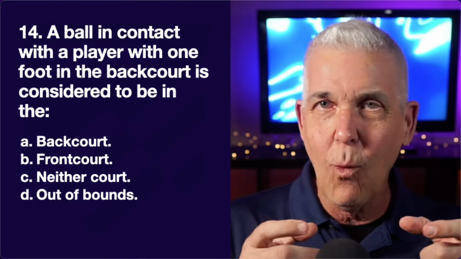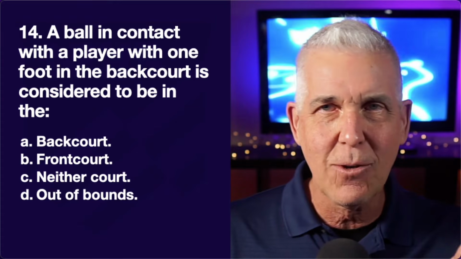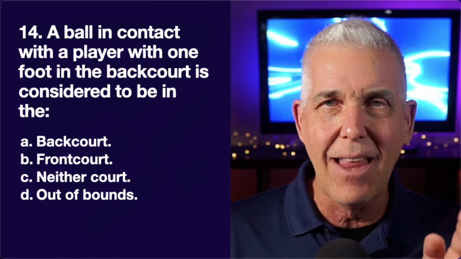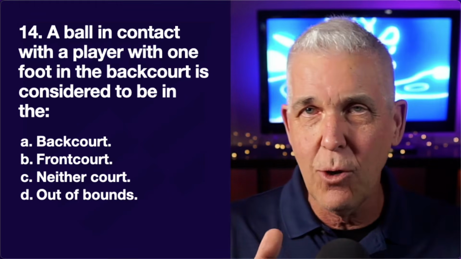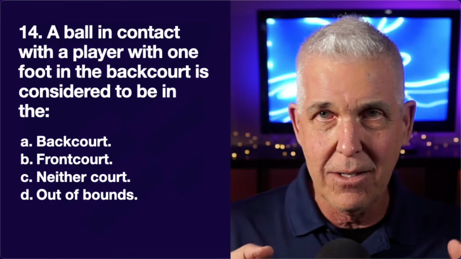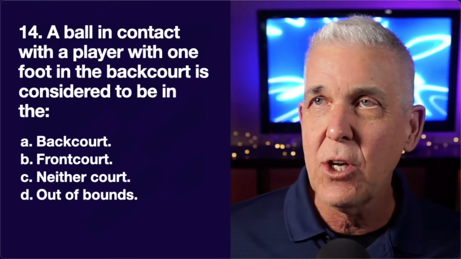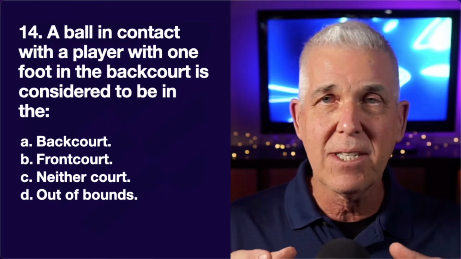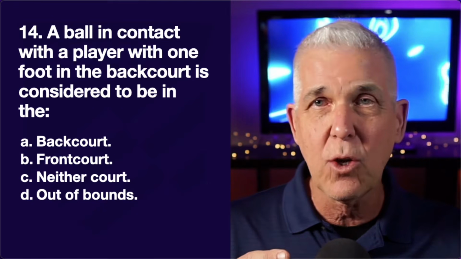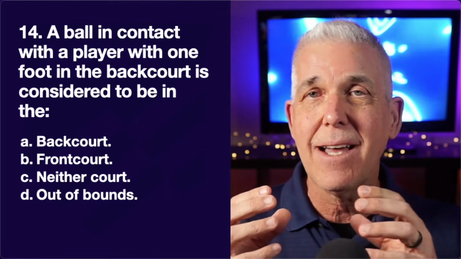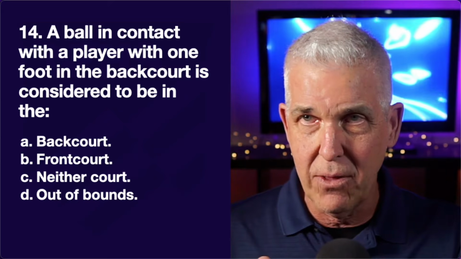The ball, what is the status? Is it in the front court? Is it in the back court? Is it live? Is it dead? Is there team control? Is there no team control? Status. Understanding that, critical. So the ball status is defined by where it last contacted the court or where it last contacted a player on the court.